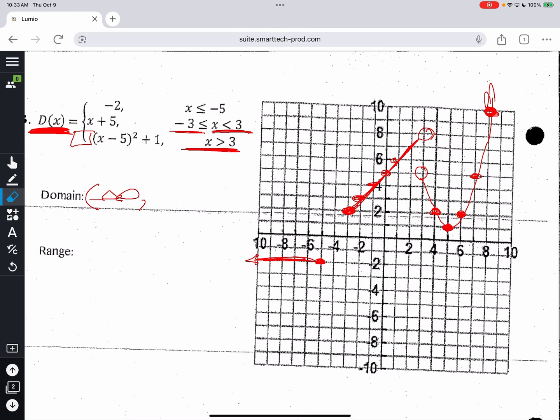On the x-axis. No, when is our first break? -5. At this point we have a domain being included, but we don't have anything at -4. Do y'all see that? So we have to have a break in our domain.